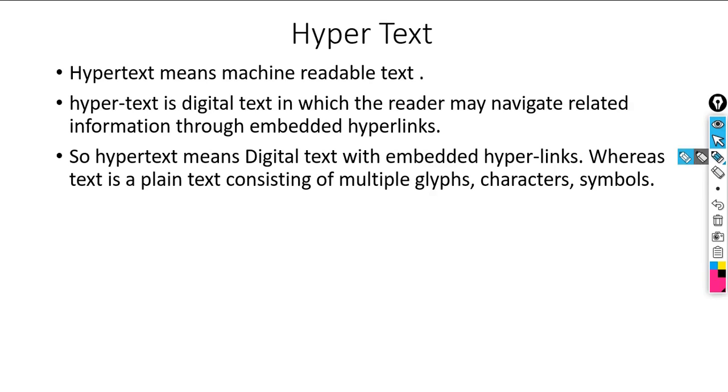Now let's understand hypertext in detail. Hypertext means a text with links. Just now I explained that hypertext is also a text, but a text with links which redirects the request to another image or text or content.